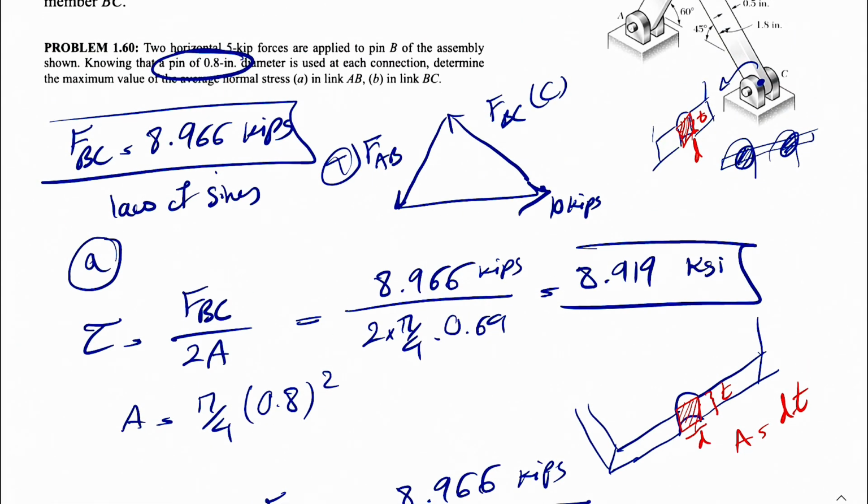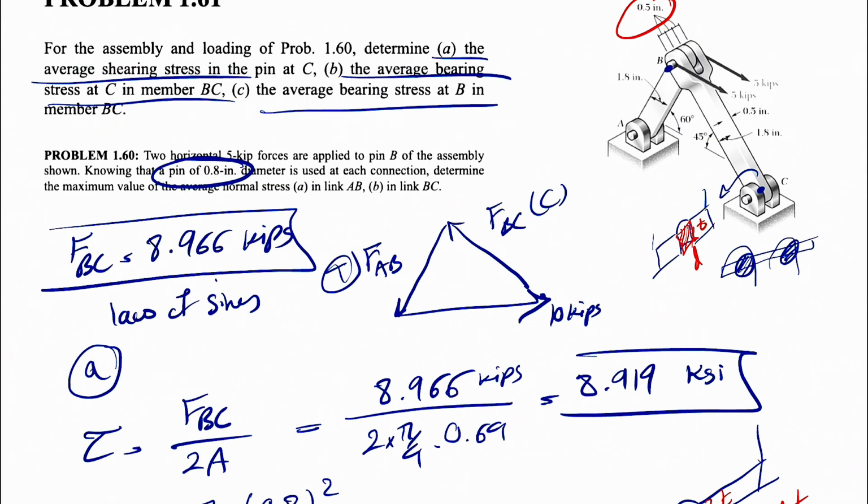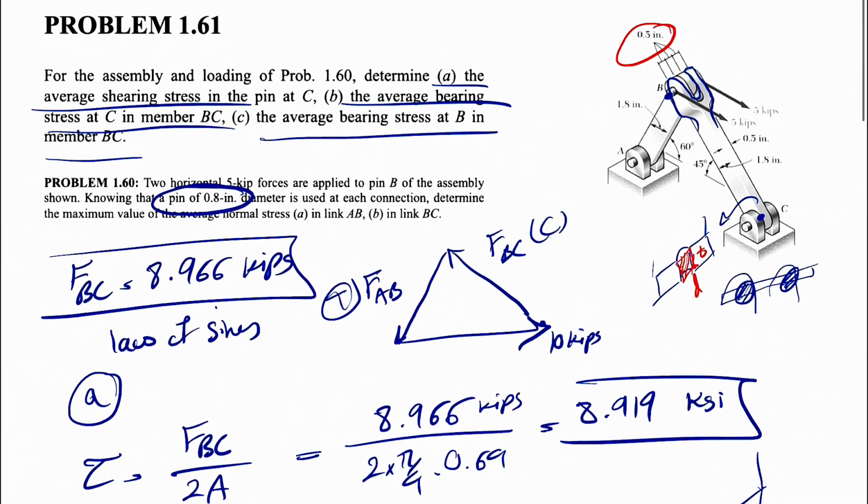And the C part, we need to find the average bearing stress at point B. The difference between C and B is that for member BC at point B, the area would be a little different because we have two parts of this member engaging with that pin. Everything else is the same: we have the same thickness, all of them are 0.5, and the same diameter for the bolt.